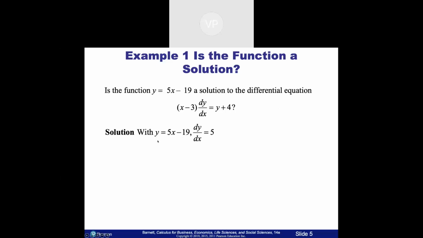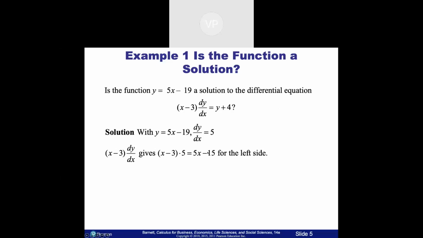So y equals 5x minus 19, and dy dx equals 5, just like that. If you treat dy dx just like it's another variable, like an a, b, c, or whatever, put a 5 in right there and see what you get.